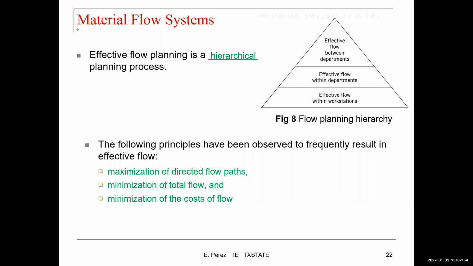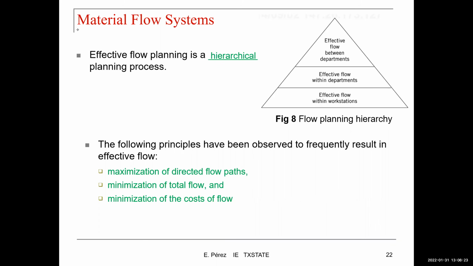Minimization, performance from a perspective of finding the decision that's going to give you the minimum value. So if we look at these principles, if we look at how to make decisions, for example, for effective flow, maximization of directive flow paths, meaning that you want to have a specific direction.